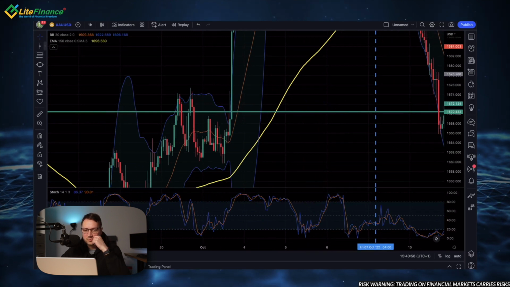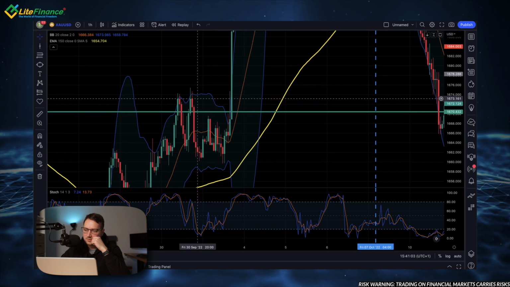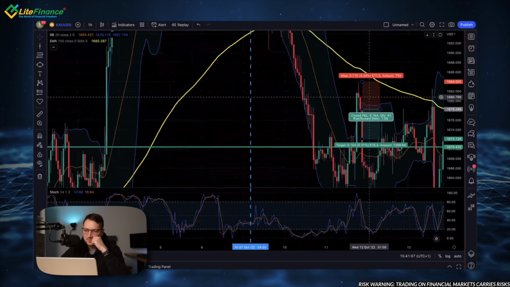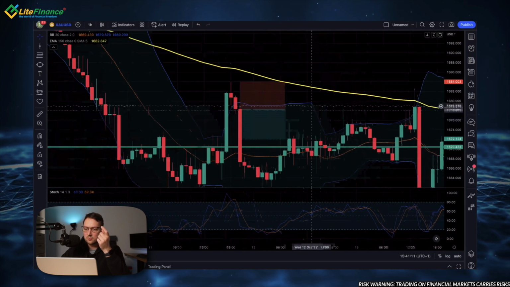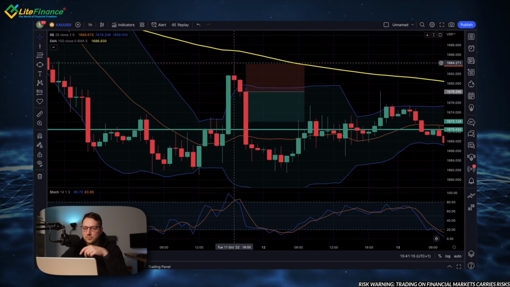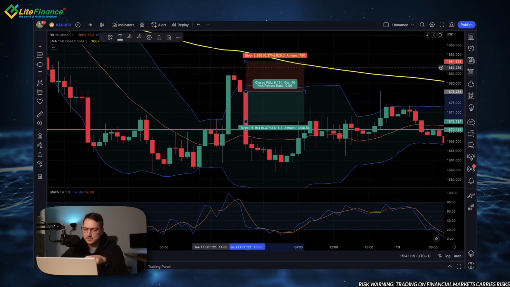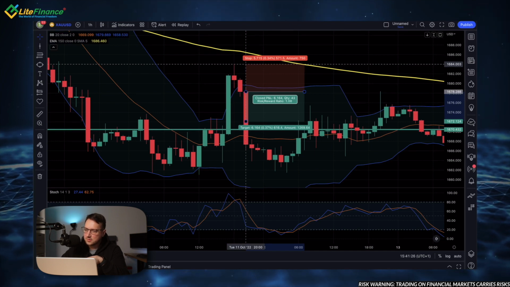This is around the 1670 level, which is much lower than our entry point. So we will use this particular candle, this lower high, sorry, which is at 1684.